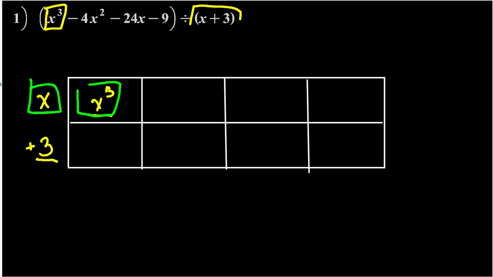When we divide that, x cubed divided by x gives us x squared, and so x squared goes up here. We're going to take this number and multiply it times a 3, and that gives us this spot, 3x squared.